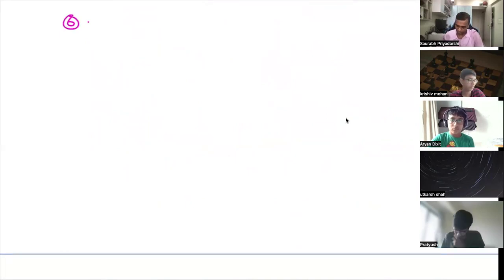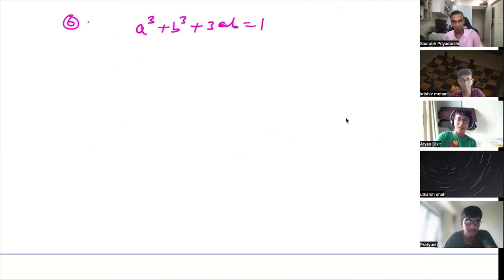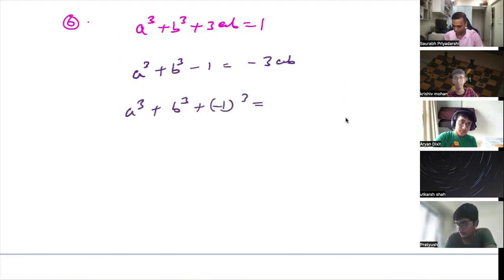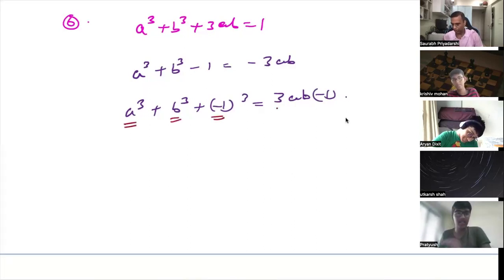The sixth one is my favorite question. I have asked you people many times. Sir, I put a plus b as 1 there. Sir, 10 minutes were left in the timer, I couldn't do anything. See, you can write a cube plus b cube plus (-1) cube. So a cube plus b cube plus (-1) whole cube is equal to 3ab into (-1). We know that a cube plus b cube plus c cube is equal to 3abc, one of the basic formulas.